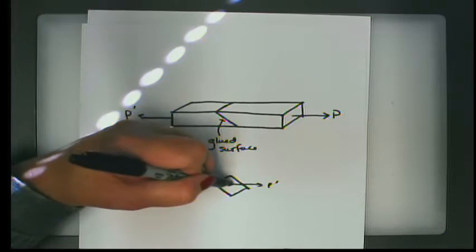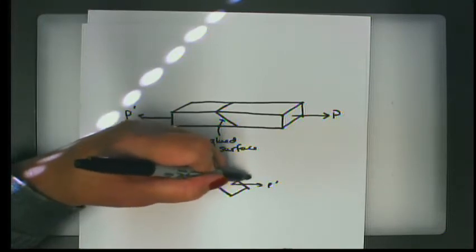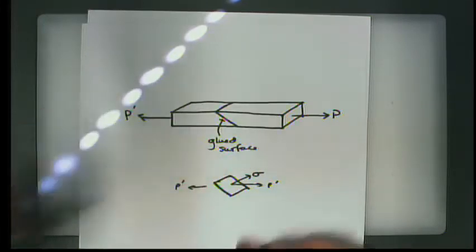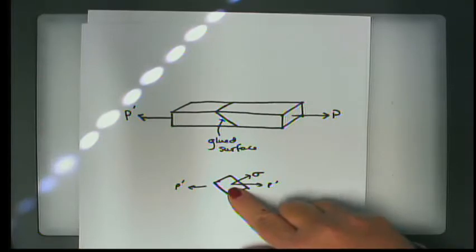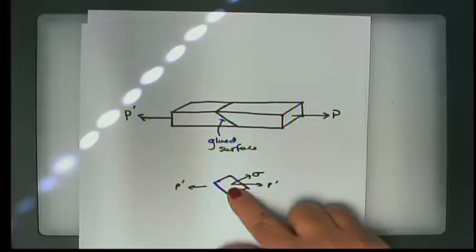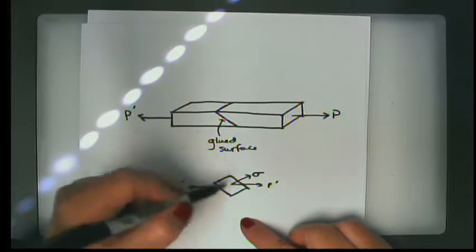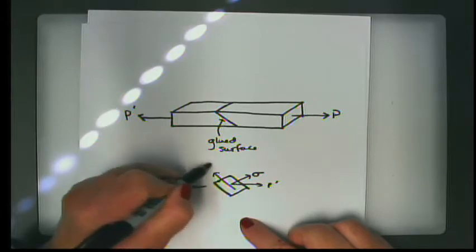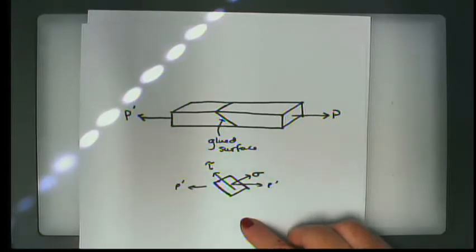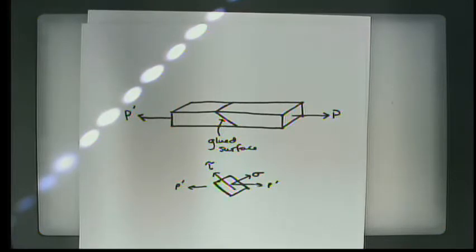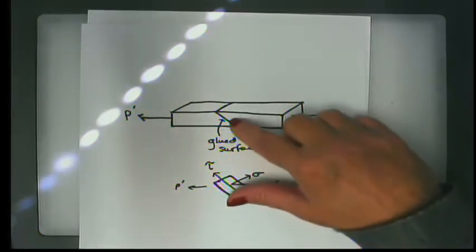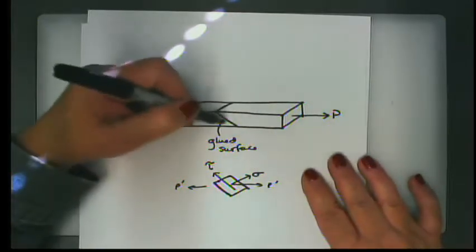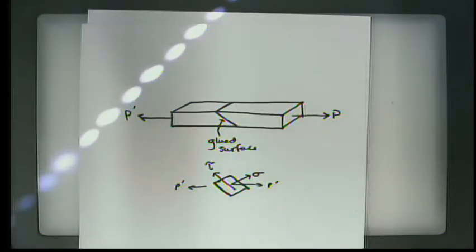And so what really ends up happening in terms of stress is that we have a normal stress that is perpendicular to the surface, directed along the axis that is perpendicular to this splice plane. And we also have a shearing stress, tau, that's directed along that plane. So in other words, there's some state of stress that's going to be directed at some angle from that surface.